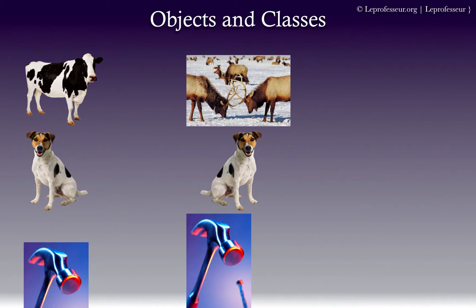You can use a hammer. So that was a static representation. Here you are using this hammer, so it's in action, the object in action. So what do we understand? That objects may have an action associated with them, right?